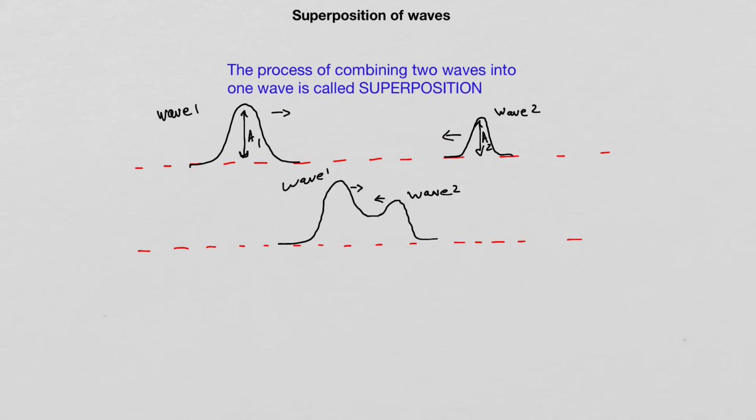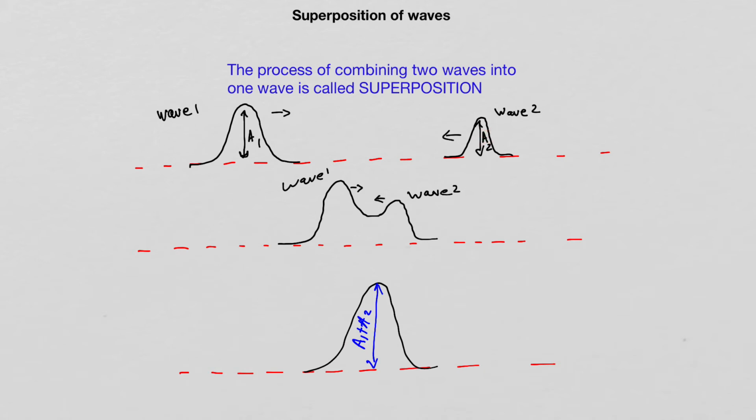So when they start to overlap, at some point the resultant wave that we will see on the rope will look like so. We still can differentiate the peaks of each of the pulses, but now they're starting to merge with each other. Well, what happens when they are exactly positioned at the same position? When the two completely overlap, we are going to get a resultant wave that will have an amplitude equal to the sum of the amplitudes of the two individual waves.